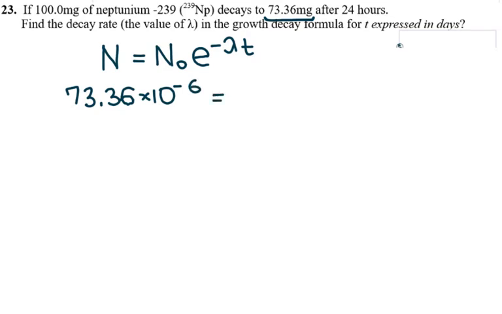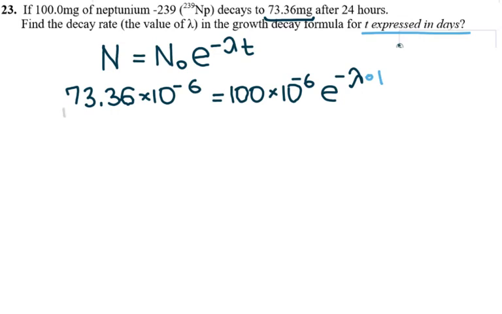And on the other side, I have the number I start with, 100 milligrams. So again, I have to convert milli into kilograms. That's again 10 to the -6. Then I have e to the power of negative lambda times the time, which is asked to be expressed in days. So I'm just going to multiply by 1 for the days.